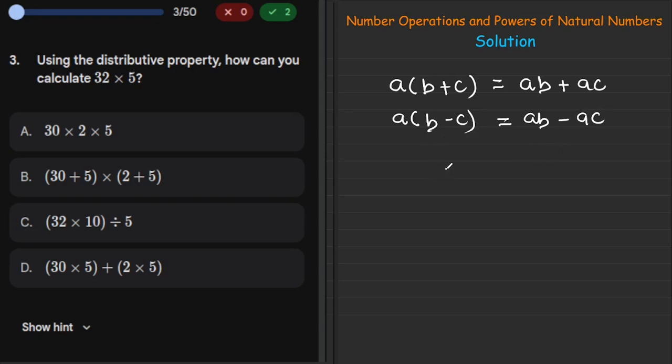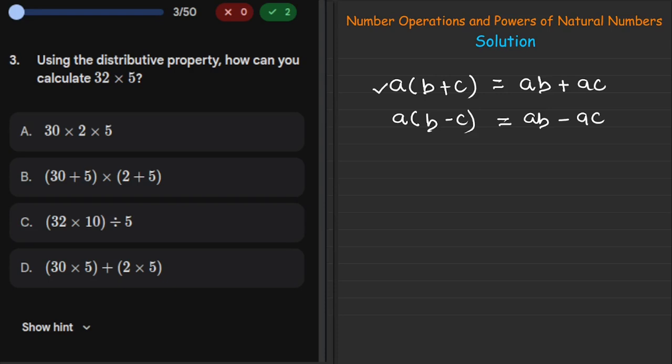Any of these works depending on the number you want to work with. Now, you should note that even though this is the distributive property, we know commutativity. So when it comes to multiplication, the order doesn't really matter because we'll get the same answer. So this here can be rewritten.